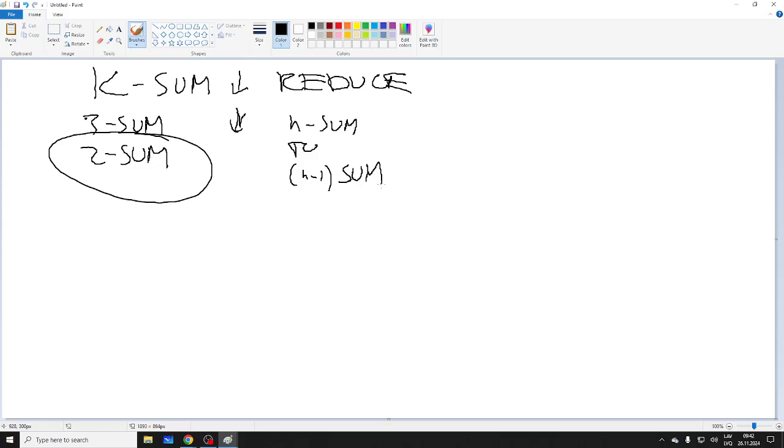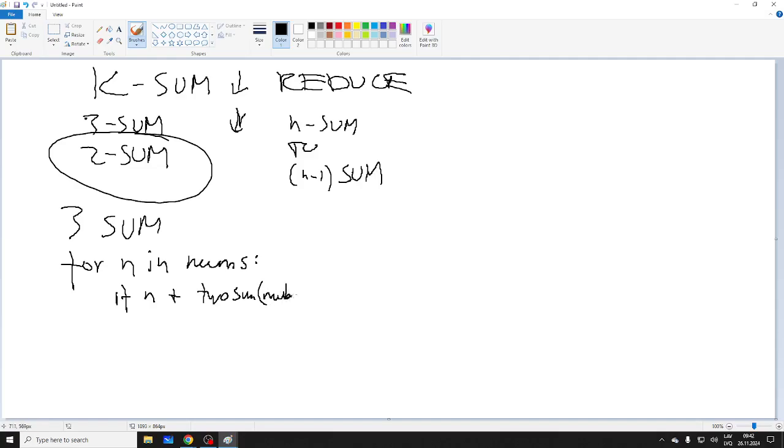So for three sum, the basic idea would be this: for n in nums, check if n plus two sum of the numbers equals the target. And of course, what two sum of numbers with the target would be is the target minus n.